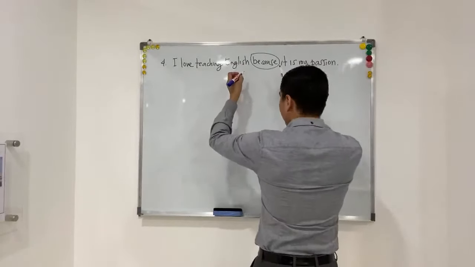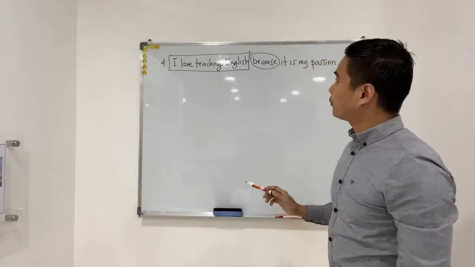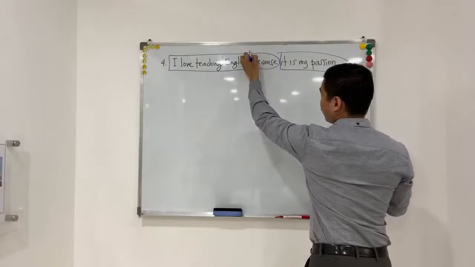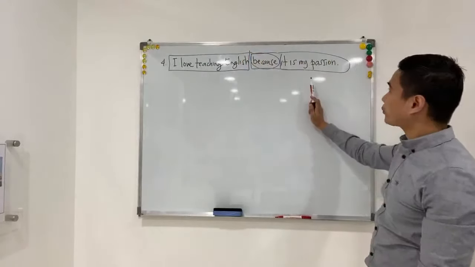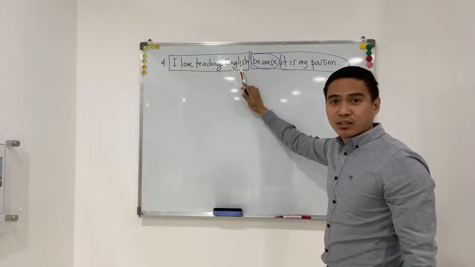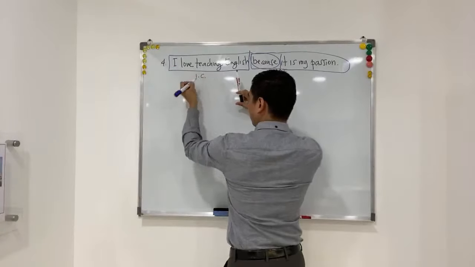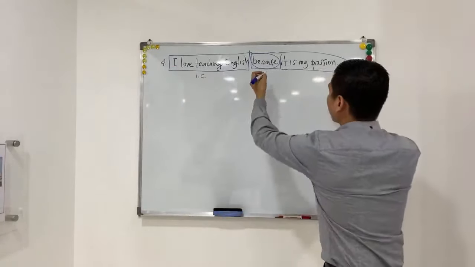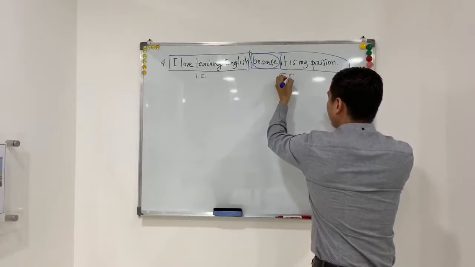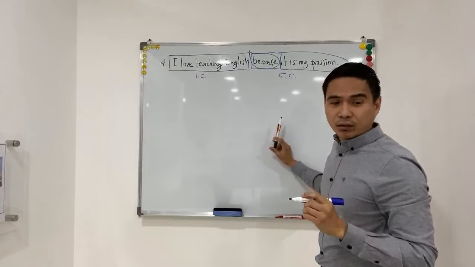So it tells us that this part is one clause. We don't know what it is. And another one, of course, we start here, including the conjunction. So if we read this, I love teaching English, then this is a sentence itself. So this is the independent clause. It can stand alone as a sentence. Because it is my passion, this is a subordinate clause or a dependent clause.